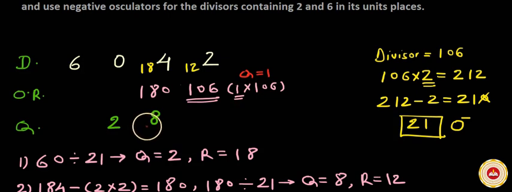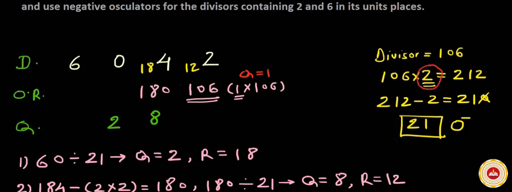But first of all, we multiply this quotient 28 by multiple 2, which we have used to multiply given divisor. Why did we multiply? Because we wanted to have such number which contain 2 in its units place. Why we did this? Because we wanted to calculate negative osculator for the given divisor 106. So we multiply this divisor 106 by suitable multiple 2.